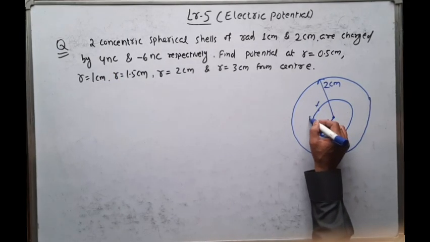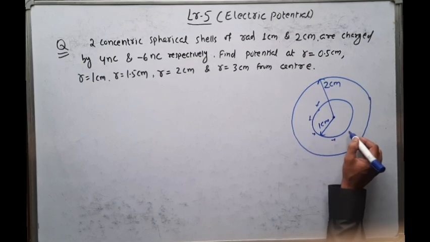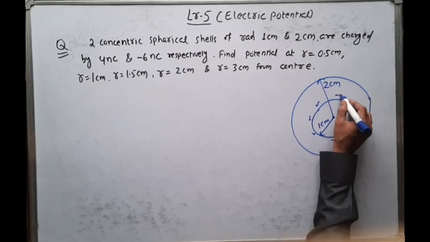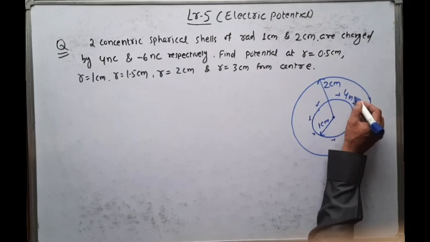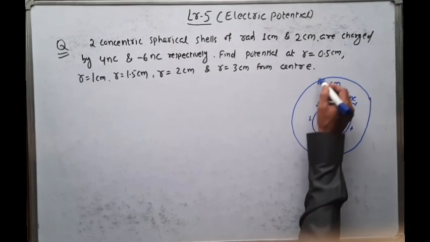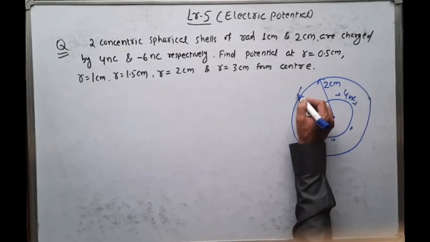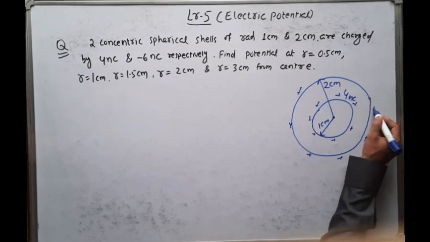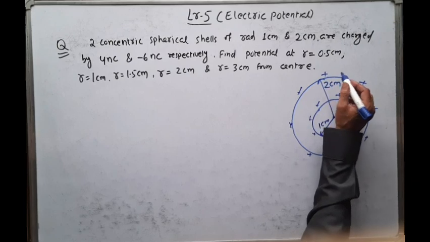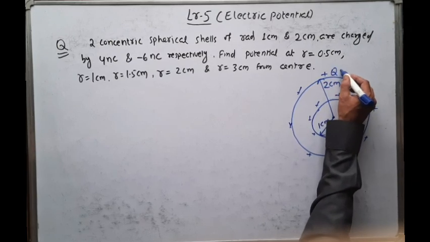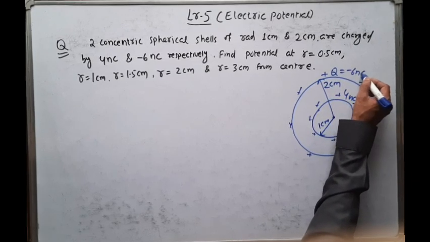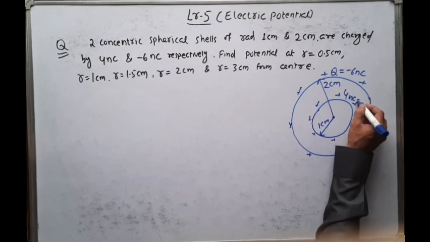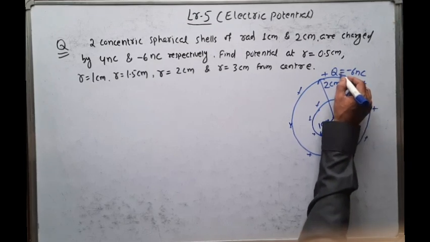And here you see in the inner shell the total charge of 4 nanocoulomb is distributed, and on the outer surface of the outer shell, spherical shell, is distributed a charge of -6 nanocoulomb. Let us say this is your Q1, this is Q2.